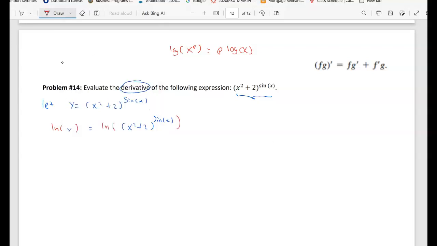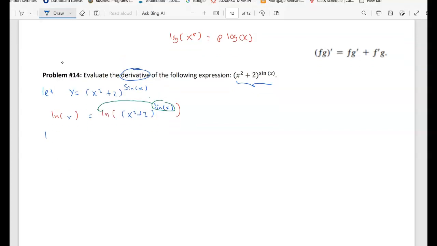Now, since you have the ln of both sides, you can drop the exponent and express this as ln of y equals the sine of x times the ln of x squared plus 2. And then since they want the derivative, we can now take the derivative of both sides of the equation.